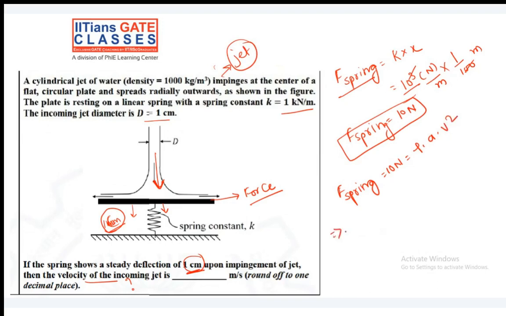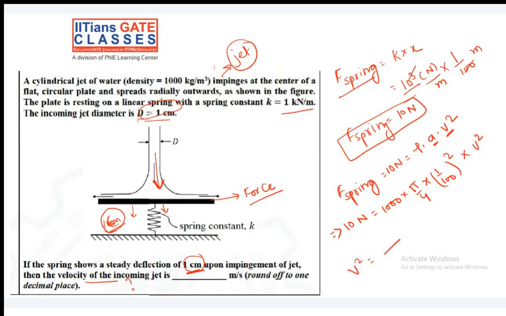So this is 10 newton, equal to density 1000, and area is pi by 4 times d, given as 1 centimeter, so 1 by 100 whole square, multiplied by velocity square, which we need to find out.